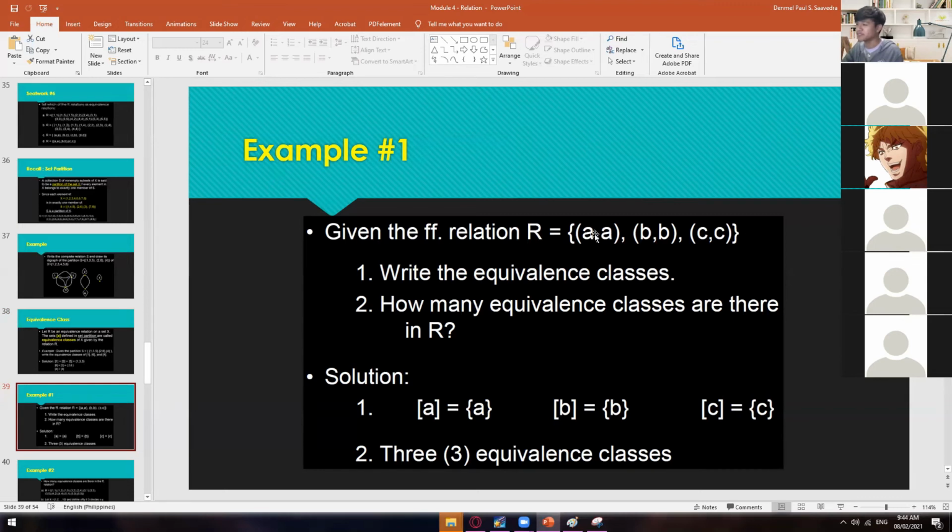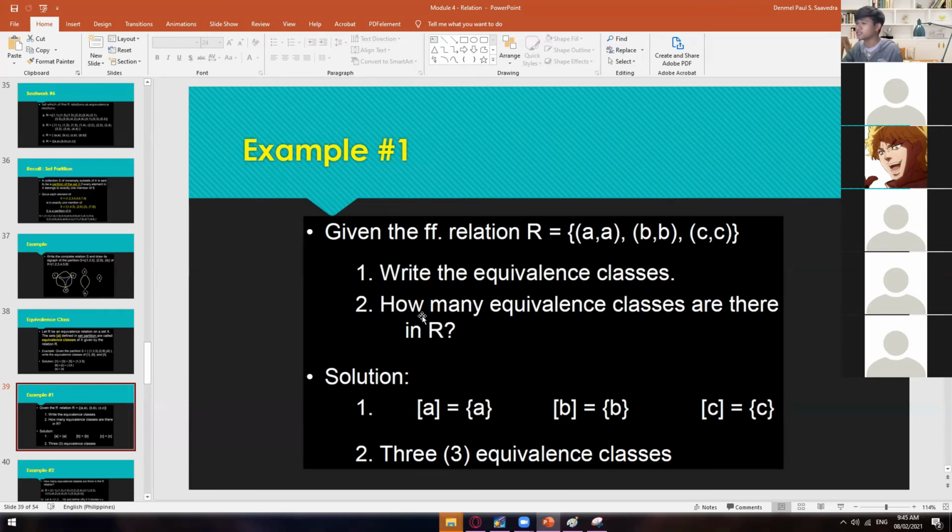Okay, so this is one class, another class, and then another class. Okay, so under this class, we have one element only, which is the A. Okay, and then another class wherein we have one element also, which is B, and then another class with the same number of elements, which is one only, which is C.